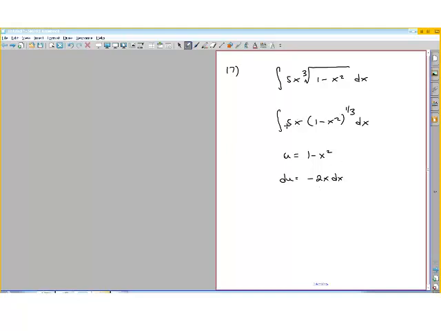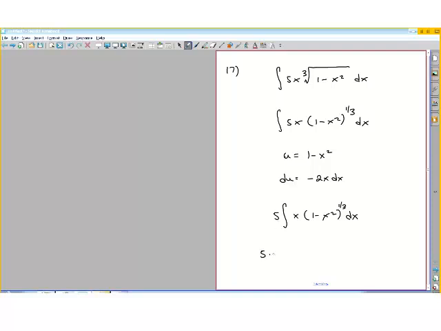We go back to our original expression and ask what we have here. We have 5x dx. Let's factor out the 5. What we need is negative 2x dx.